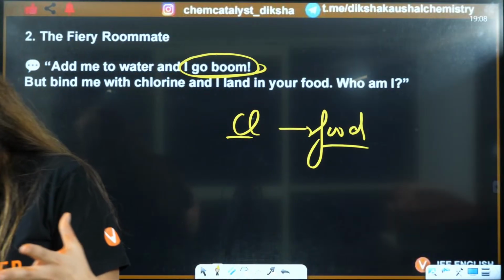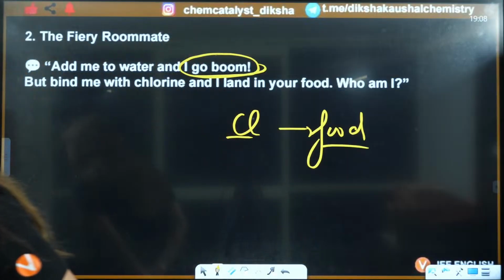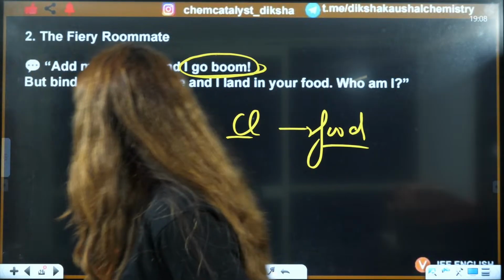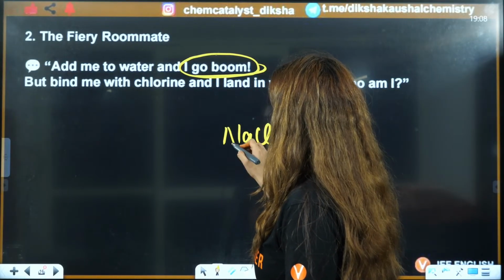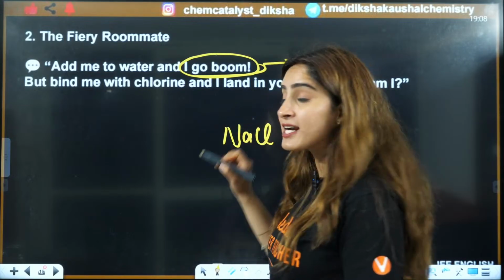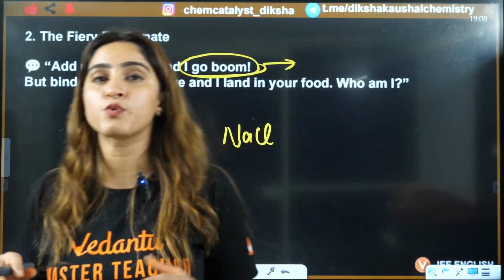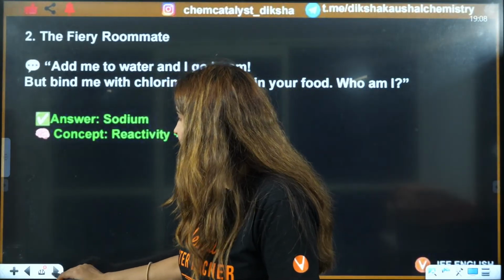What is that element? Yes, that element is sodium. Very good, Kevin. Because with NaCl, it is in the food that we use. NaCl, salt. And sodium reacts very aggressively with water. That's why we keep it in kerosene oil. Right? So, let us see the third one.